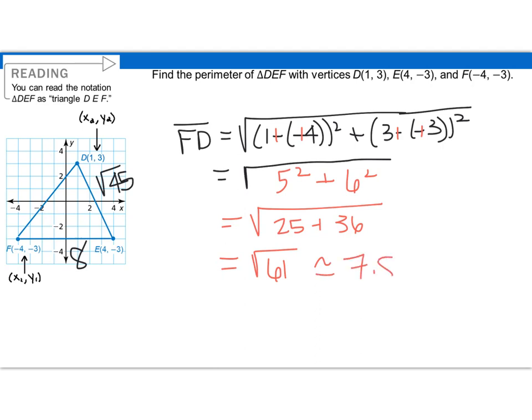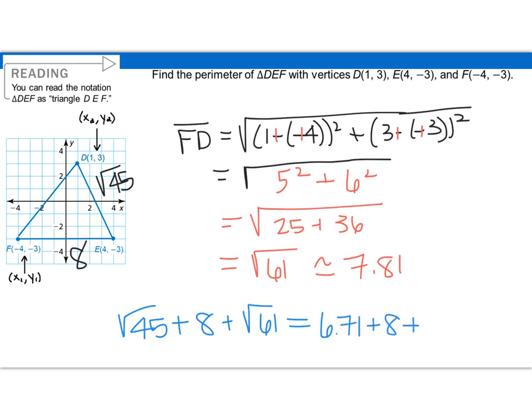So now, because we had to find the perimeter, we really need to add all of these up. So I really have the square root of 45 plus 8 plus the square root of 61. So we said the square root of 45 was approximately 6.71 plus 8 plus the square root of 61, which is roughly 7.81.